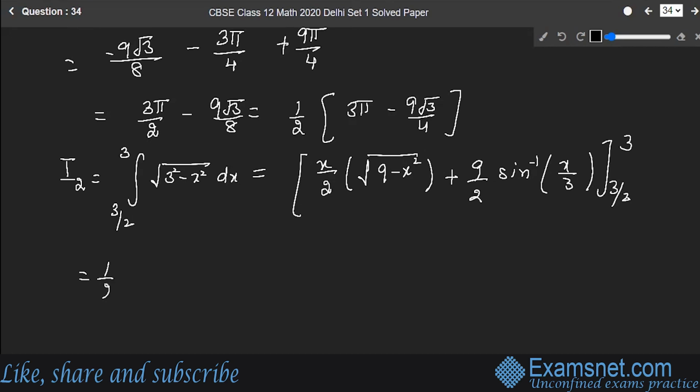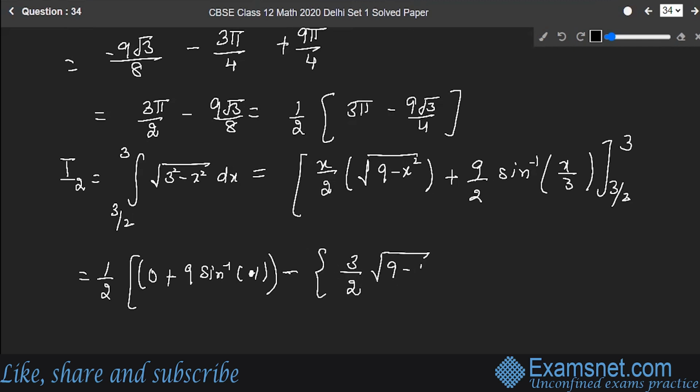This is equal to 1 by 2, 0 plus 9 sine inverse 1, minus, let's say this is in the brackets, minus 3 by 2 root of 9 minus 9 by 4 plus 9 into sine inverse 3 by 2 upon 3. This bracket closed.